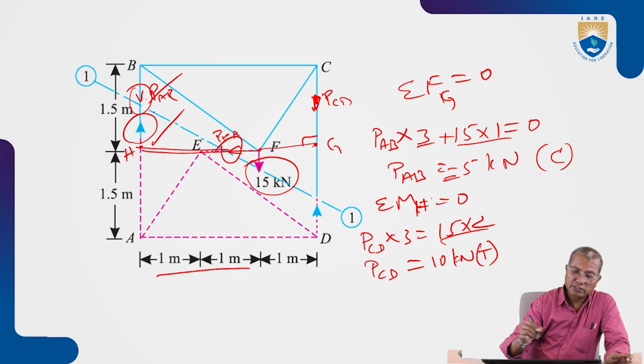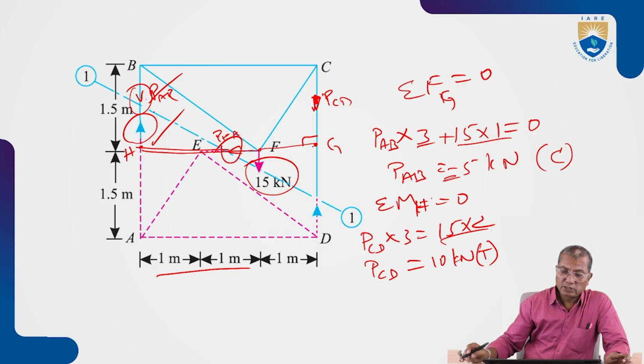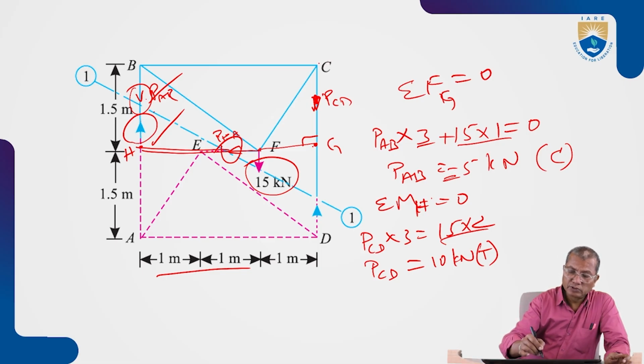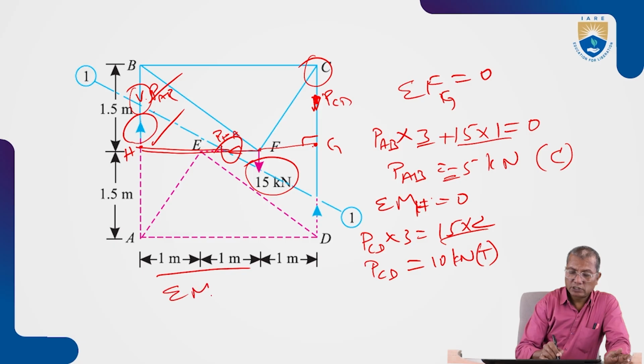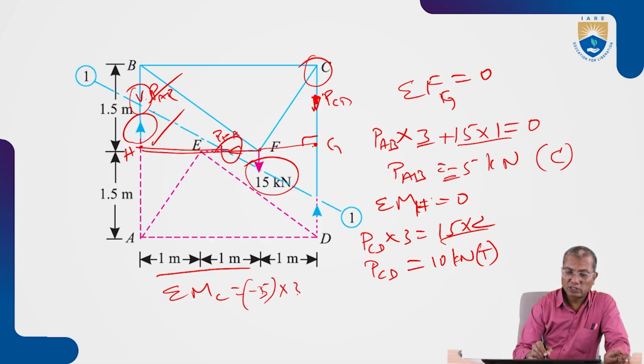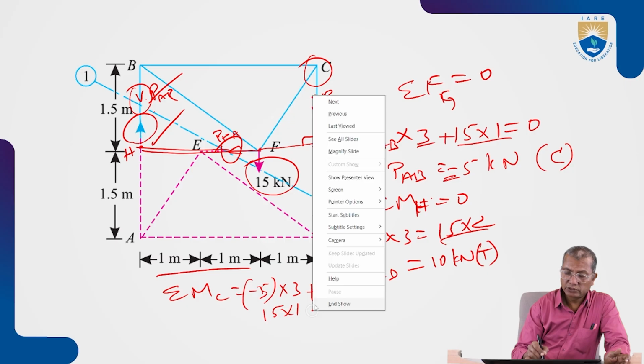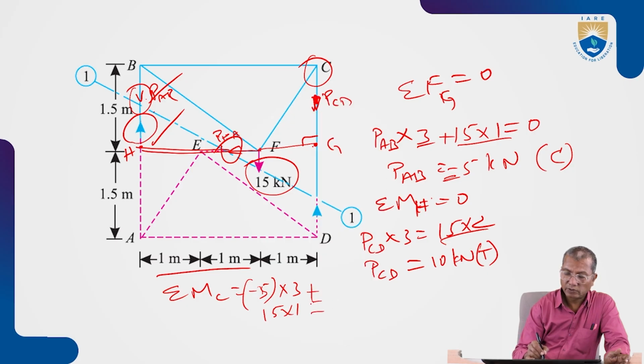And how will you get PEF? For that, we can take moments about C or about E; anything is okay. Taking moments about C, we have PAB, that is minus 5 into 3, plus 15 into 1 is equal to PEF into 1.5, because these two are anti-clockwise and this is clockwise.